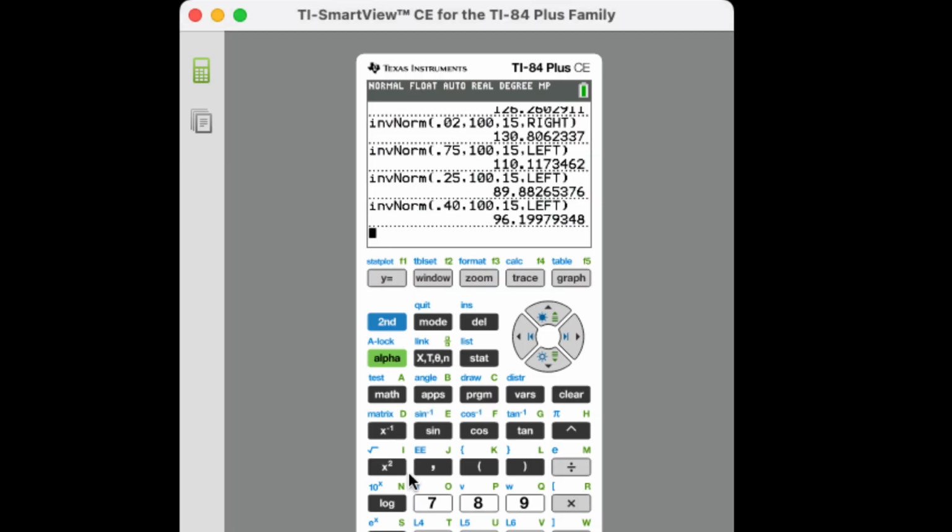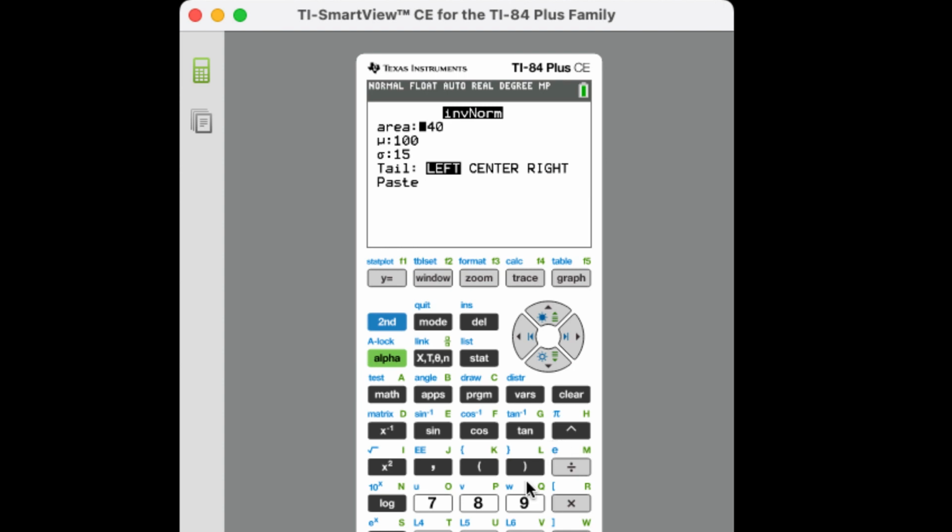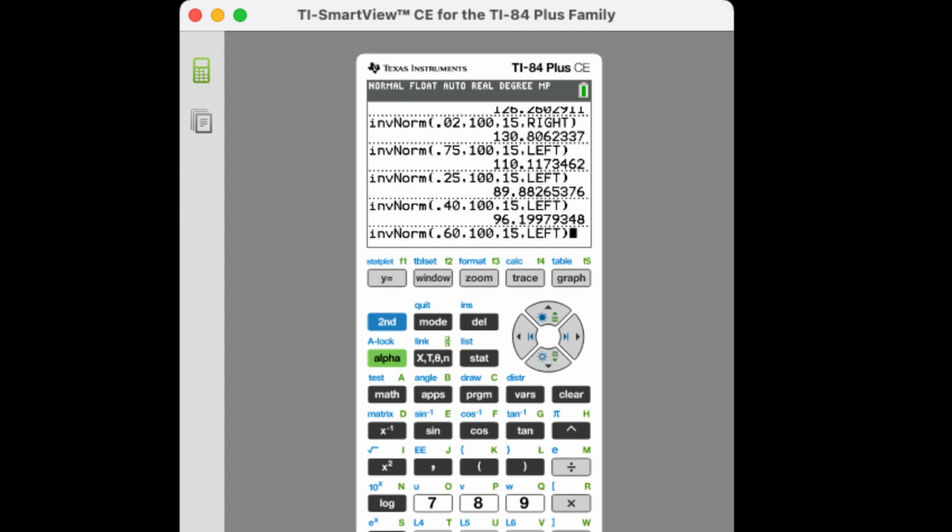So in the TI, we have what? Second distribution, inverse norm, point what? 60, still area to the left. What do you get? So the nearest whole number, what's that going to be? 104.